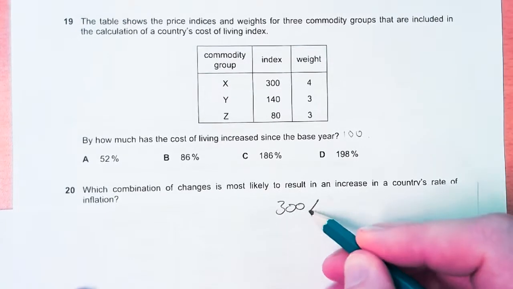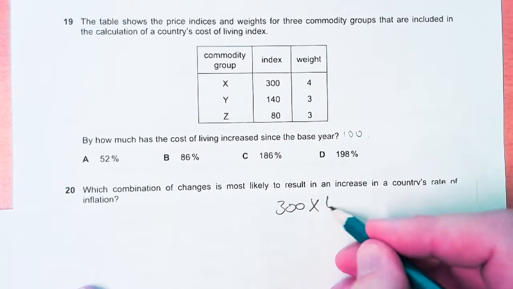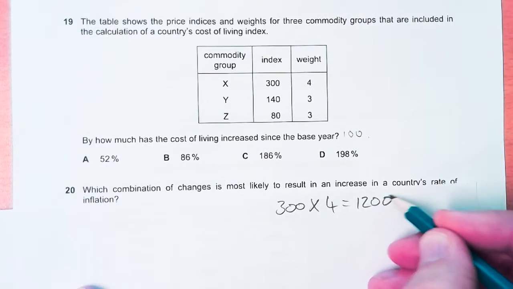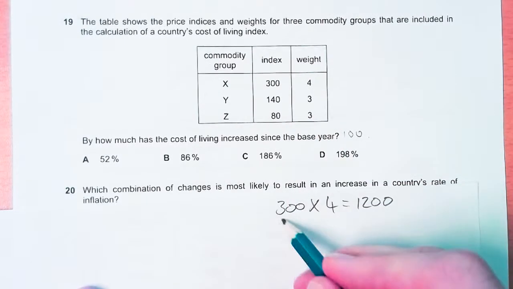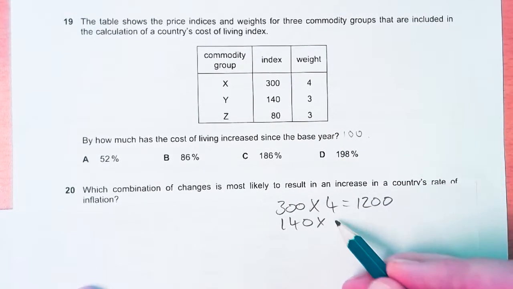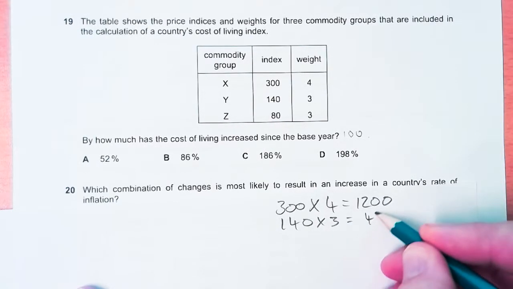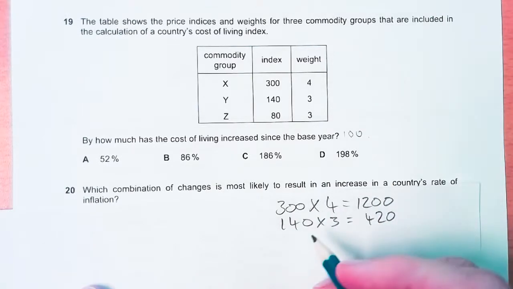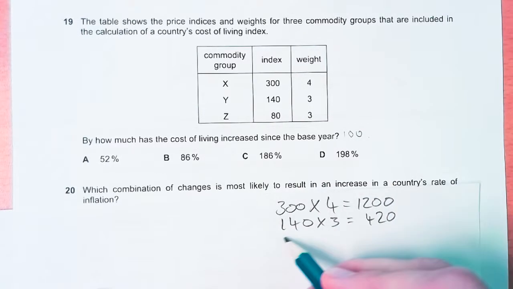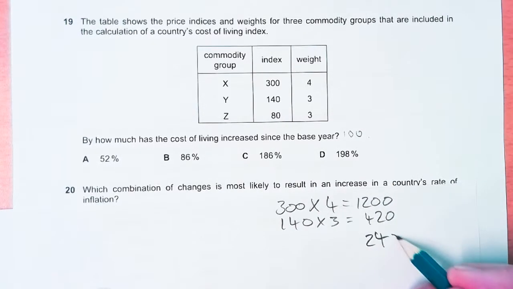So we've got to do 300 times 4, the actual weighting, that gives us 1200. 140 times 3 would equal 420. Then we've got 80, 160, 240 for this one here.